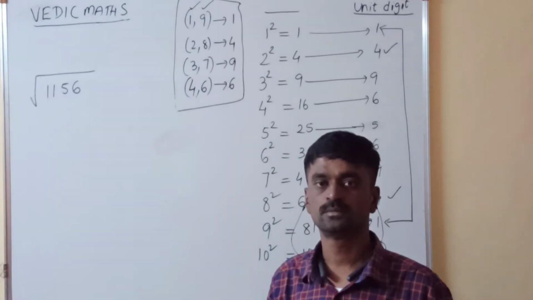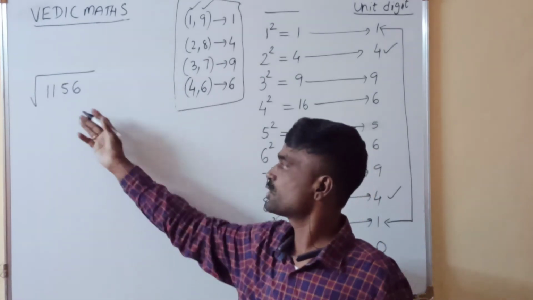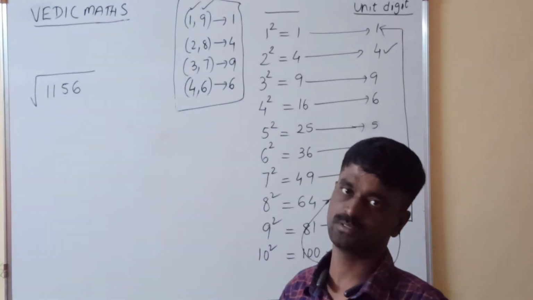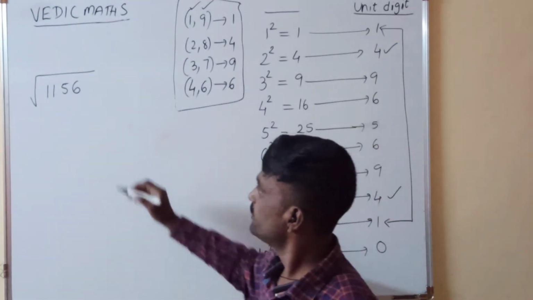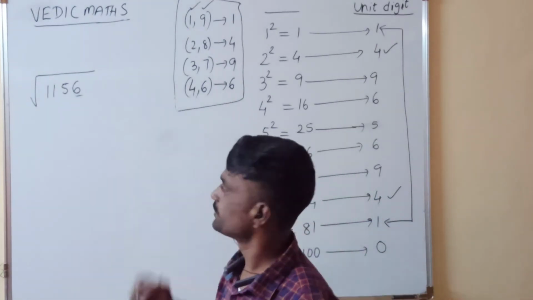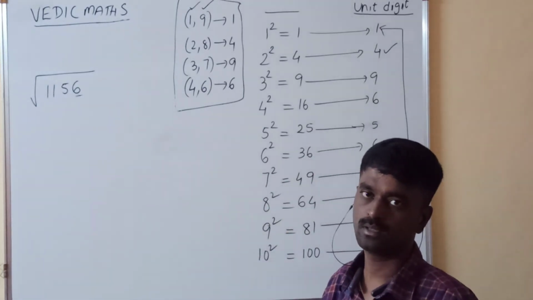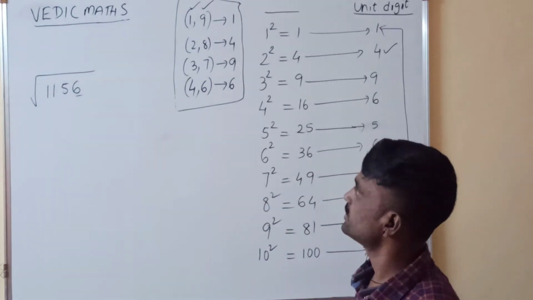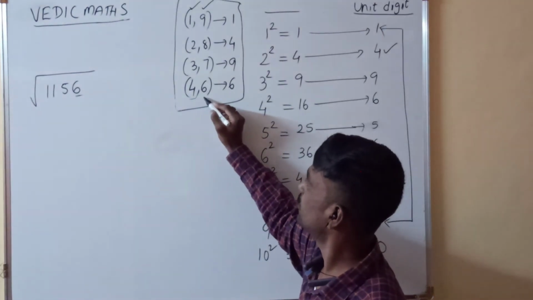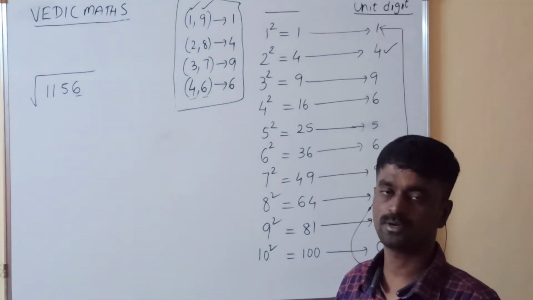So next look at the next problem, square root of 1156. In the given number, what is the last digit? 6. Then automatically in the answer, the last digit should be either 4 or 6. Correct?